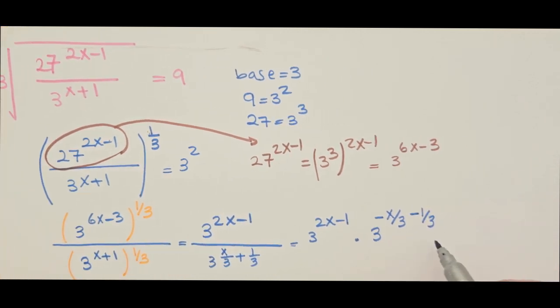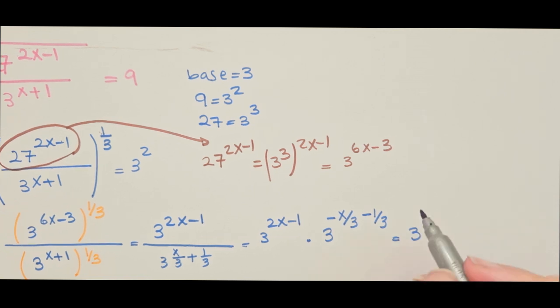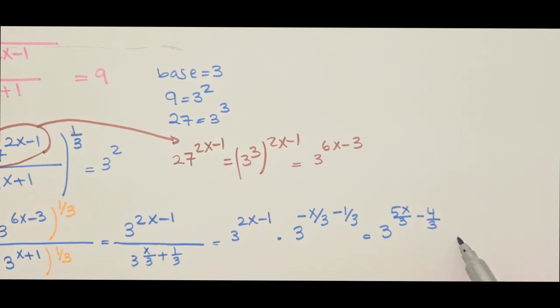Okay, the next step would be adding the exponents because all of them have the base 3. So 2x minus x over 3 would be 5x over 3, and then negative 1 and negative 1/3 would be negative 4 over 3. Remember guys, on this side we still have 3 to the power 2.